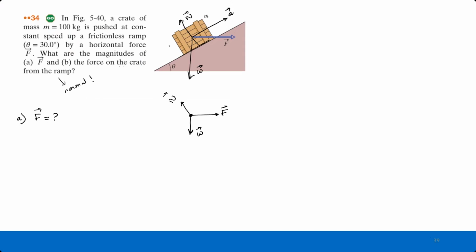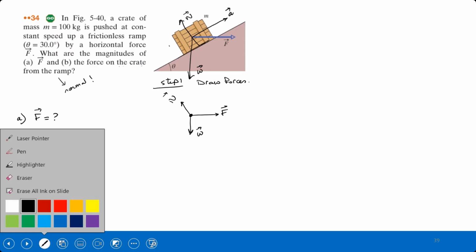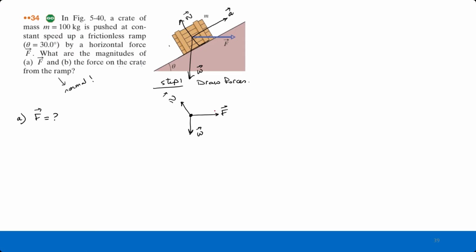I will always go through the steps, where step 1 is to draw the forces. I have drawn the forces here. I'm going to also draw the X and Y axes. It's very useful to see the X and Y axis in front of you.